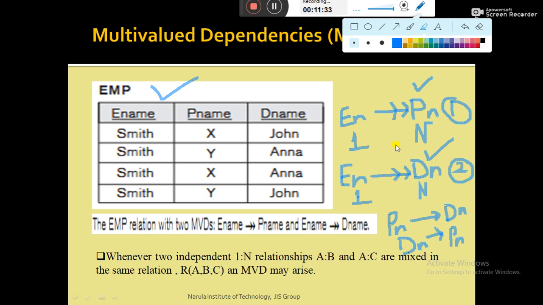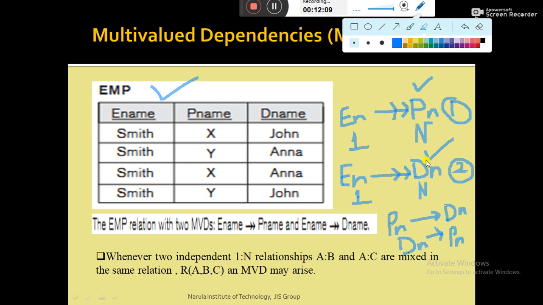That should not be there. So in the relation EMP, two 1:n relationships exist. One 1:n relationship is between employee name and project name pname, and the second 1:n relationship exists between employee name and dname. But the point here is that these two multi-valued attributes, pname and dname, are not related with each other.